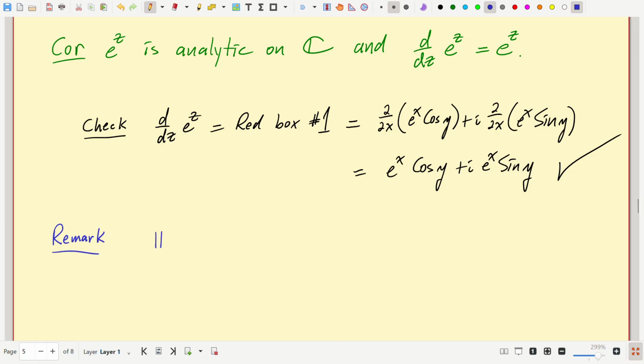When we're thinking of our mappings, mapping R2 to R2, then we have (x,y) goes to (u(x,y), v(x,y)).